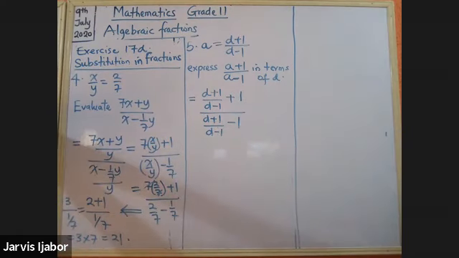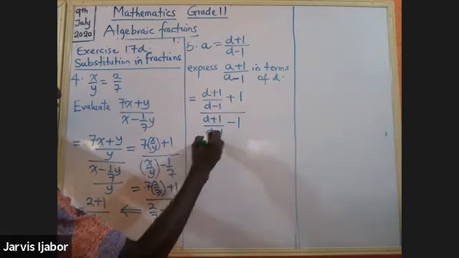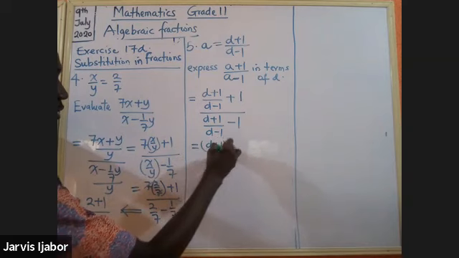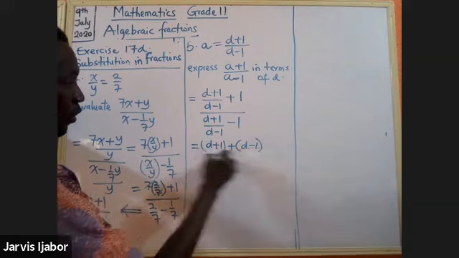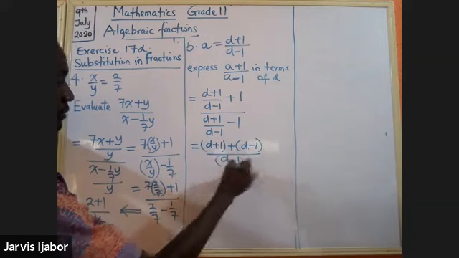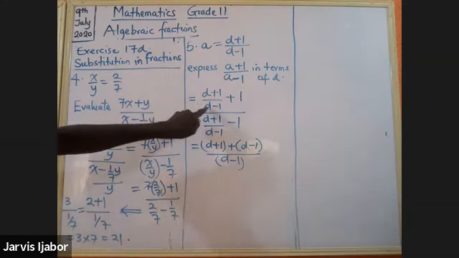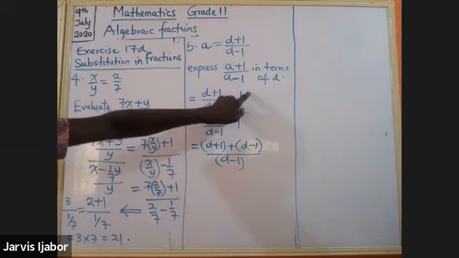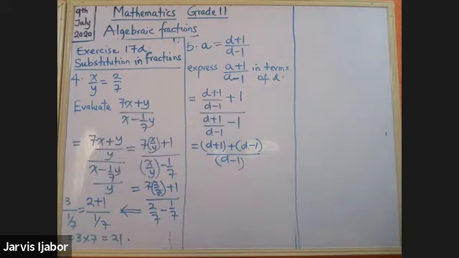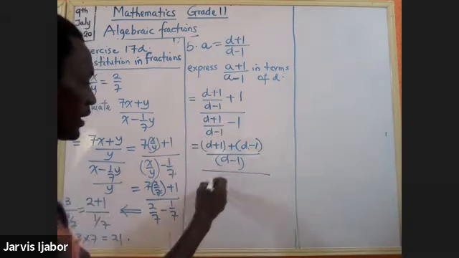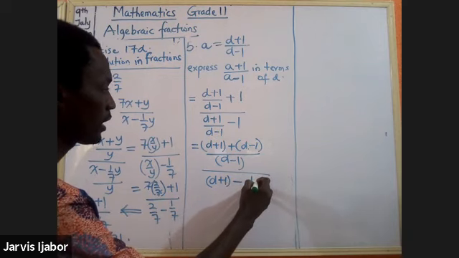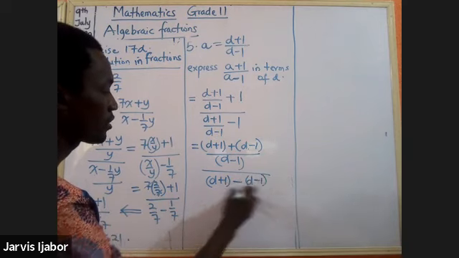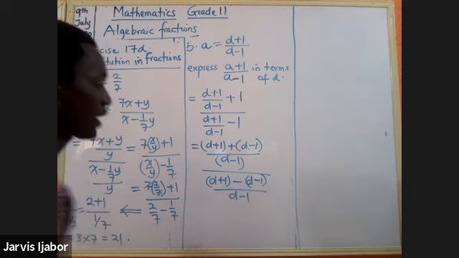Now, take the LCM. This will be D plus 1 plus D minus 1 over D minus 1. How did I get that? If I take the LCM as D minus 1, this will bring this one here and everything over D minus 1. The same thing is applicable here. D plus 1 minus D minus 1 all over D minus 1.